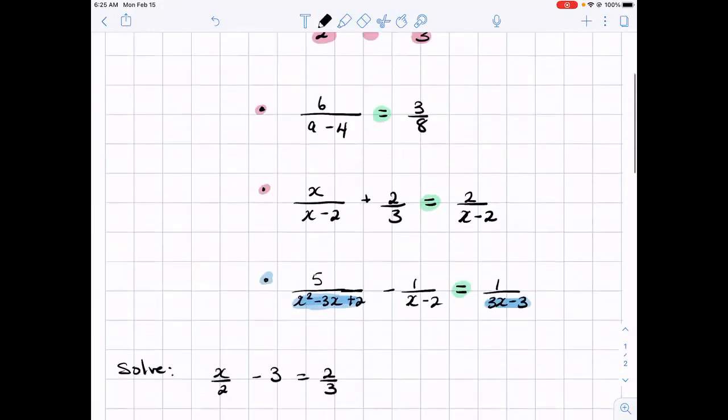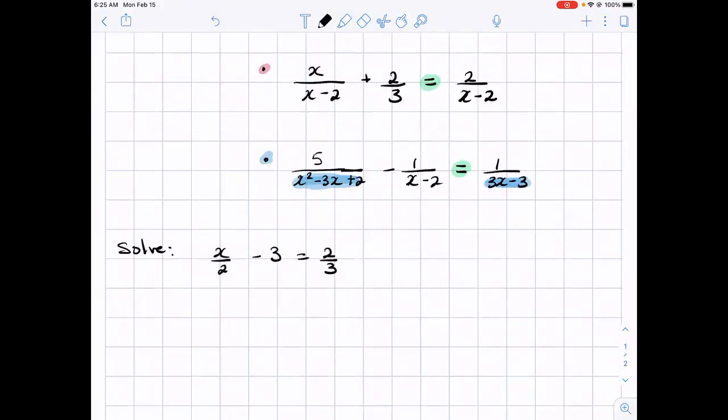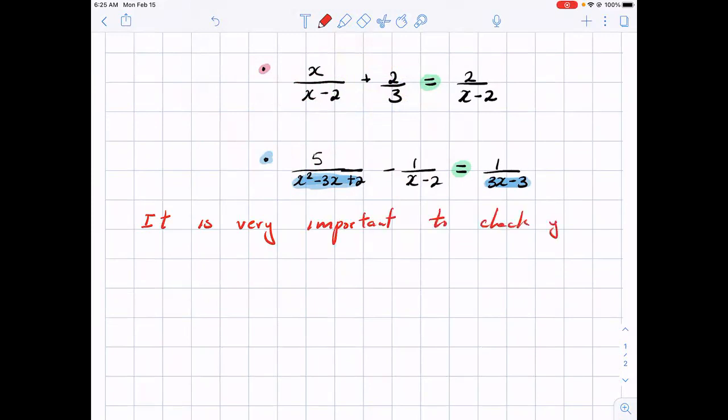Now, before I get into solving a rational equation, I'm going to make a note of that, and this is very important. It is very important to check your answer or answers to see if they satisfy the equation.